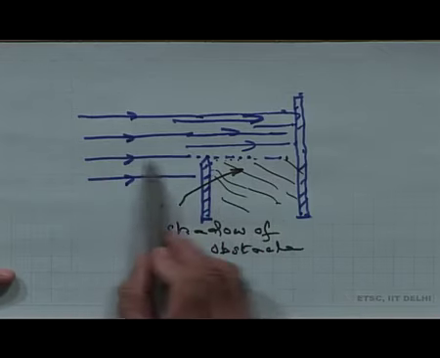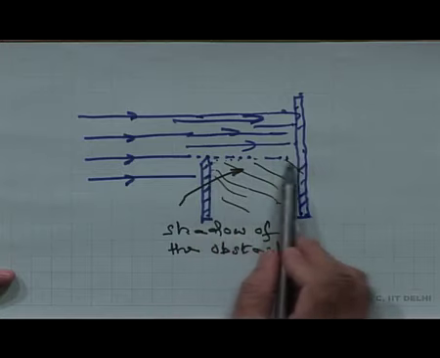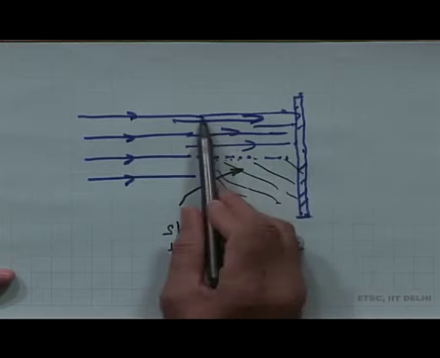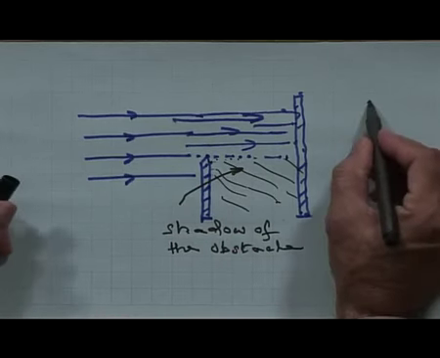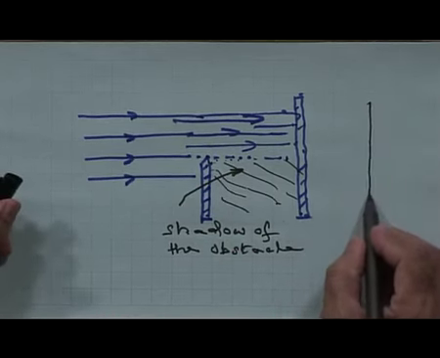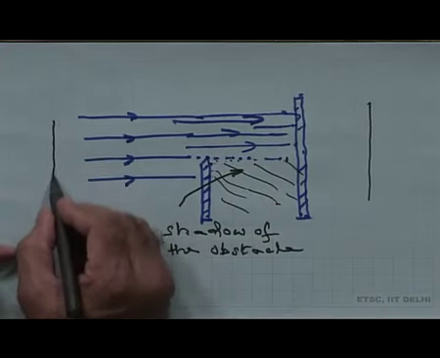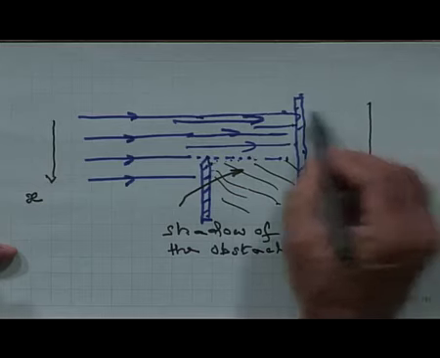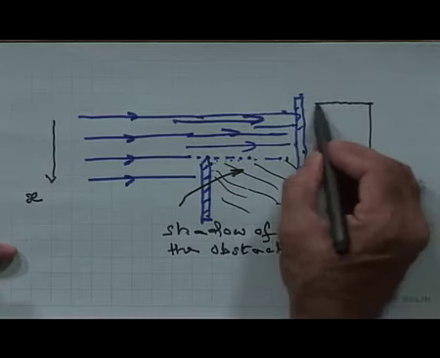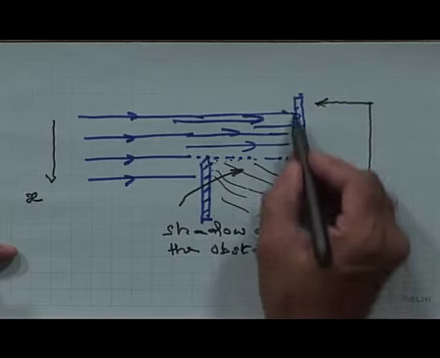From the rectilinear propagation of light, we should have had a shadow here and bright light on the other side. In other words, suppose this direction is the x direction, and I plot the intensity distribution I of x on the screen.